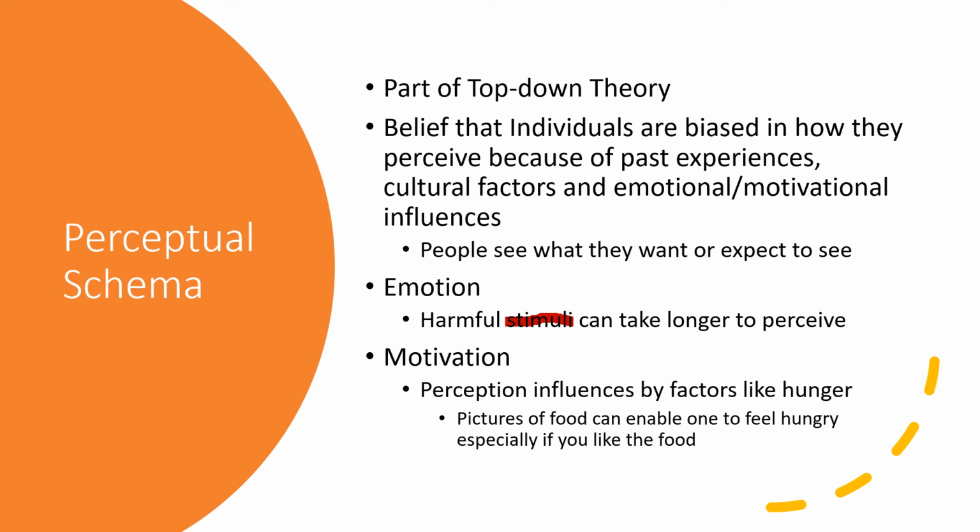And also, in terms of motivation, perception will often influence or be influenced by factors like hunger. I know if I'm hungry, I probably shouldn't go to the grocery store. And so our perception of what we need is affected, because oftentimes people will buy a lot more at the grocery store if they go in there hungry than if they go in there full. And this is especially true if you like the food.